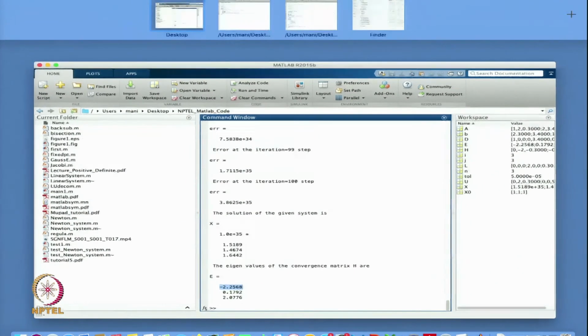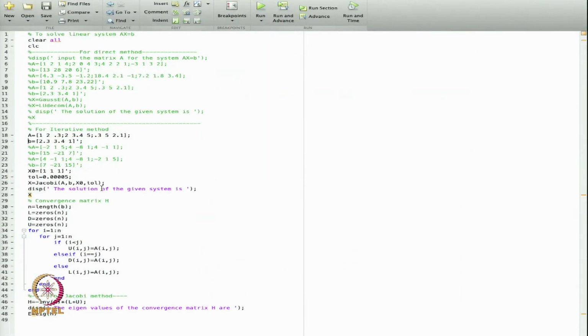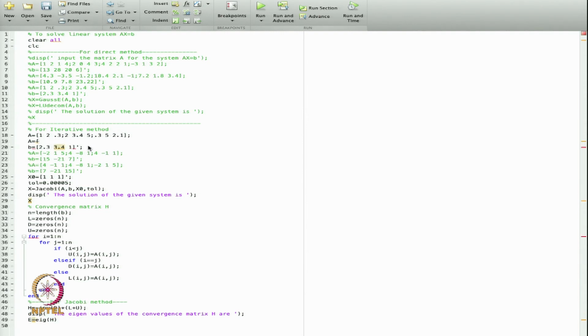Now I will change this one. So if you see from here, it is 1, 2.3, 2, 3.45, okay, and 0.35, 2.1. So let us see what will happen if I just interchange the rows.